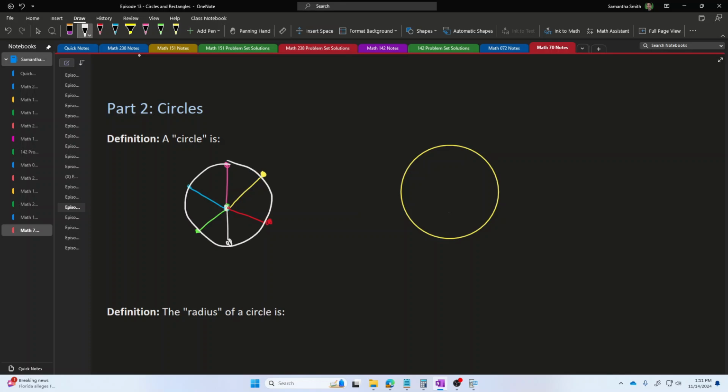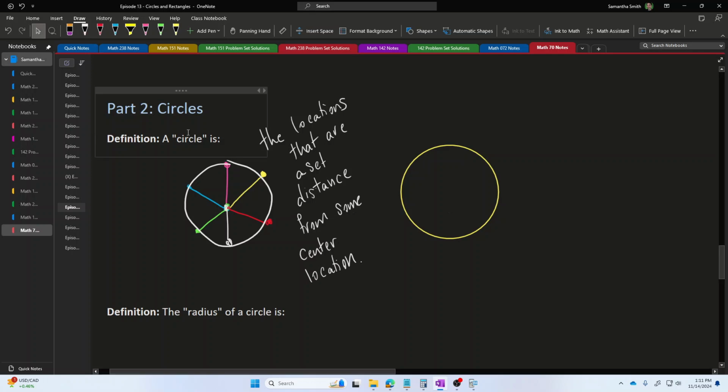The circle is this band of points on the outside, the locations that are a set distance from some center point. So here is my rough handmade drawing, but here is a perfect drawing of a circle. All the points that are some fixed distance away from some central location.